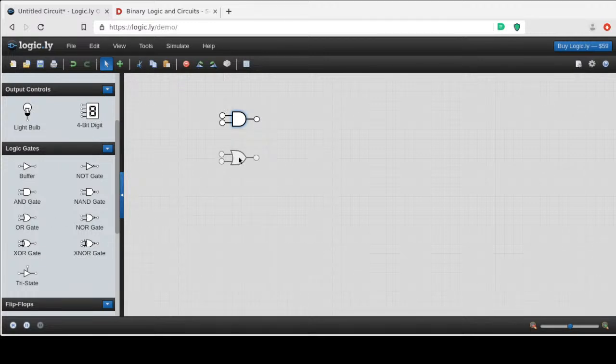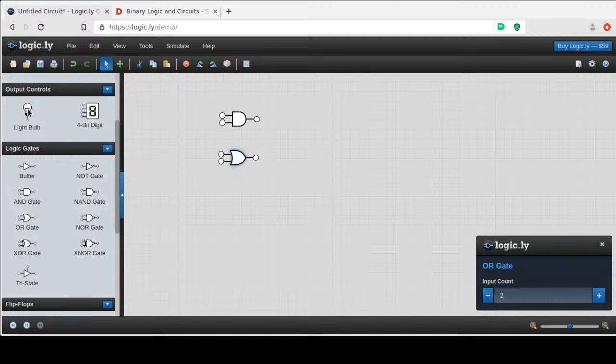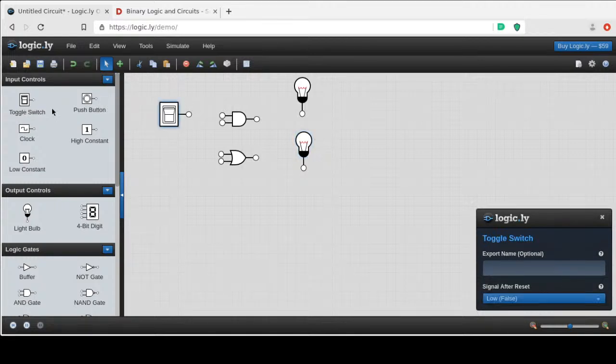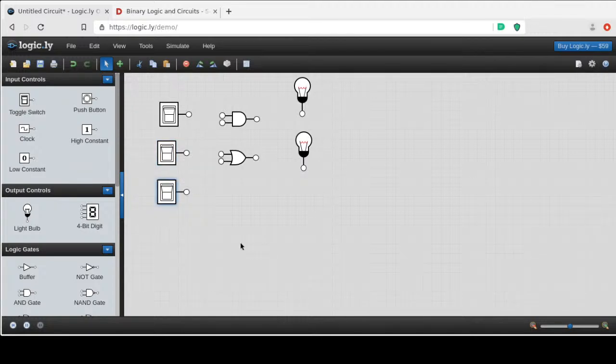Something like that. You have to have some outputs, and the light bulbs are the outputs, and you have to have inputs, which are like my switches. Let's do 3 switches. There are all possibilities, and I would give you a diagram like this. I'm just making a crazy circuit here.